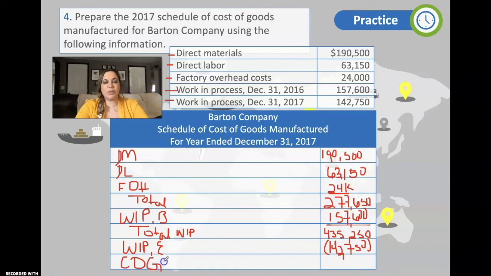Remember, this also then appears on the income statement. So when I subtract these, you get 292,500. That should be your answer.